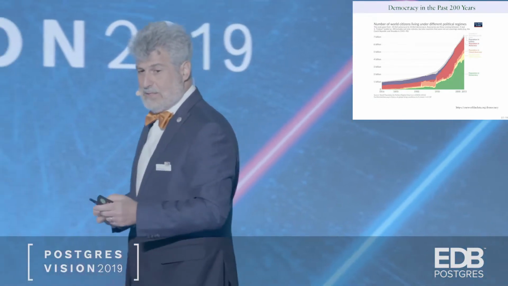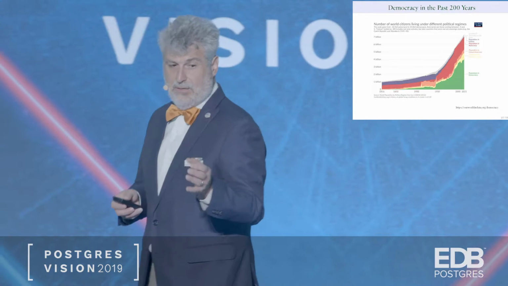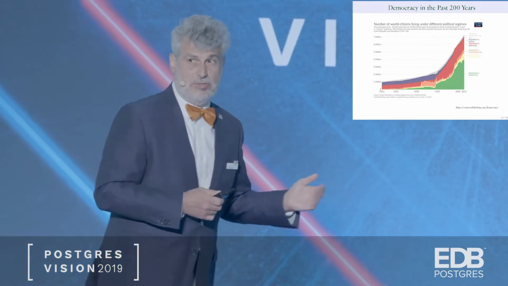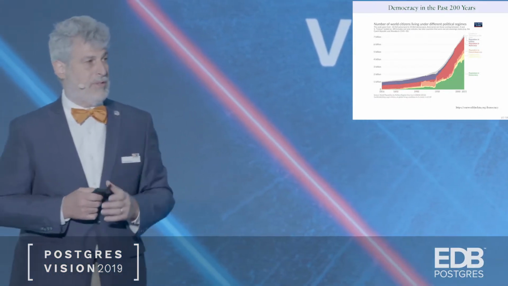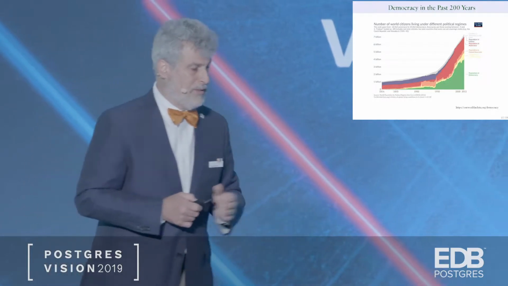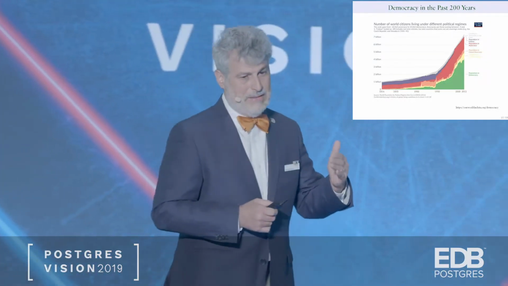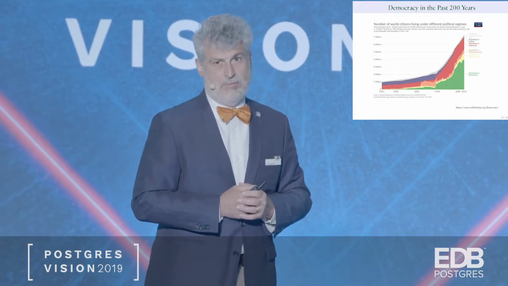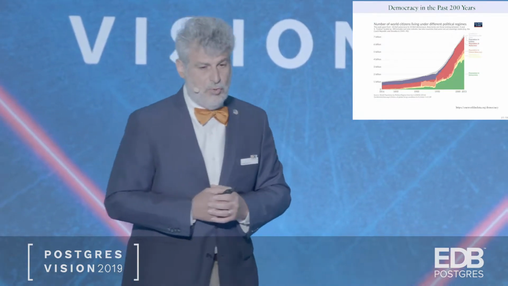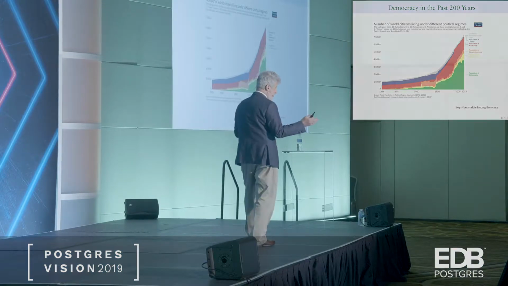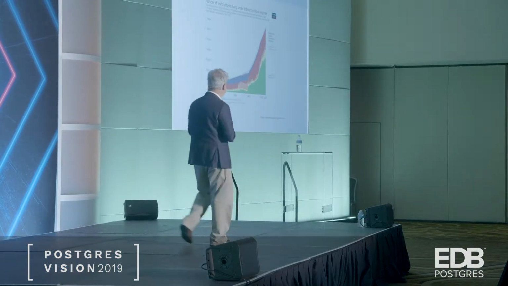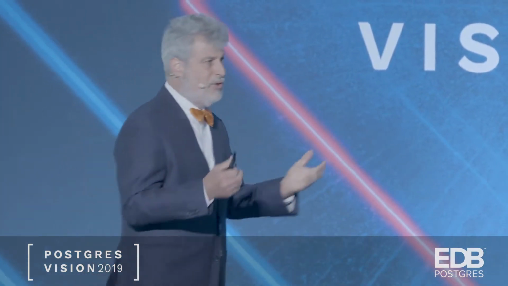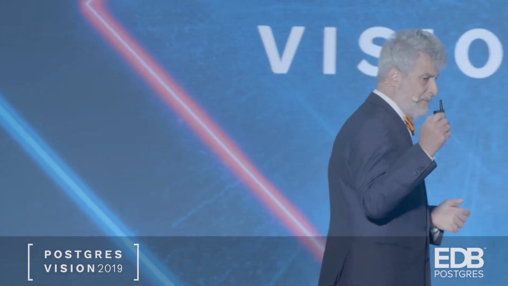And kind of interesting, autocracy appears to actually have more total population than it did 200 years ago. The green part is democracy. And you can see that, in fact, democracy shows a pretty significant rise over the past 200 years in terms of the number of people who are under that government structure. The yellow, the orange, again, a little different. If you would like these slides, by the way, they are on my website, momjian.us, so feel free to take a look at them, download them if you'd like.